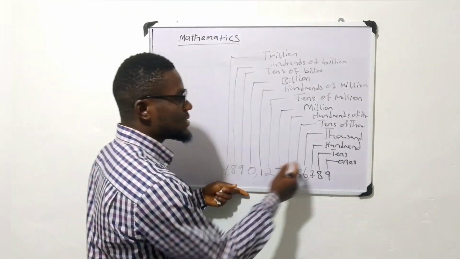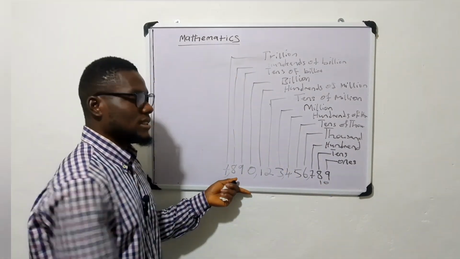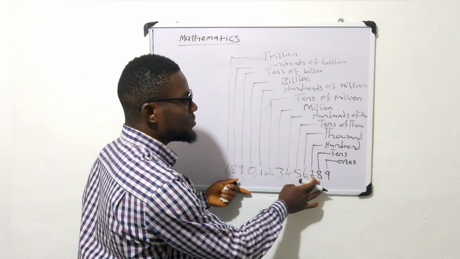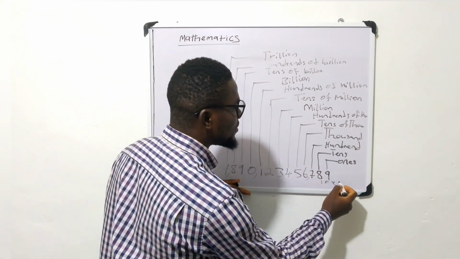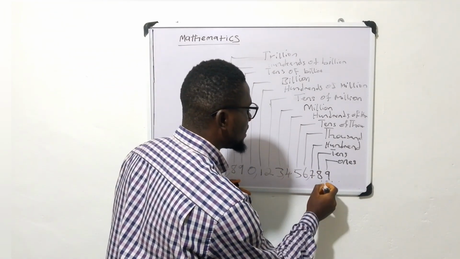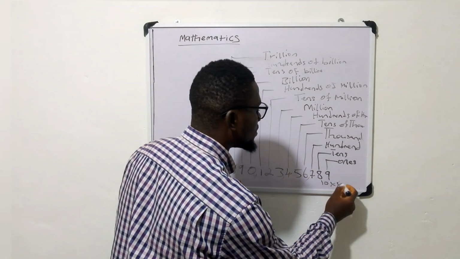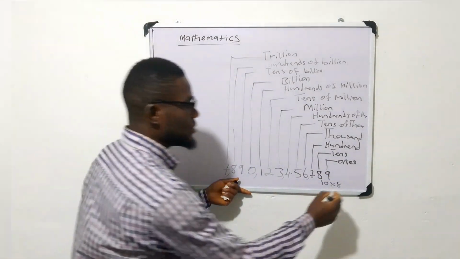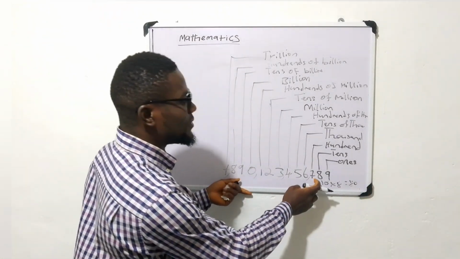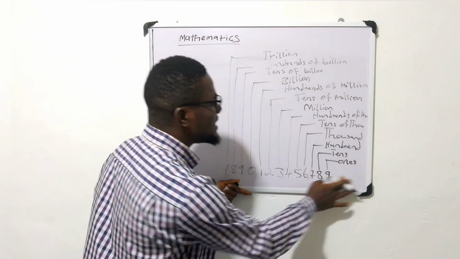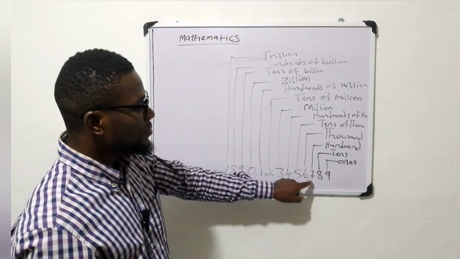The least tens is one 10 like this. When you multiply this 10 by 8, you have 80. Now you see that the value here becomes 89. Let's proceed to read this number.